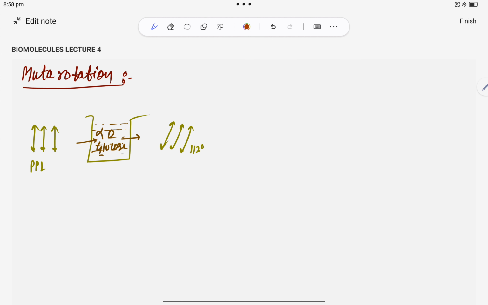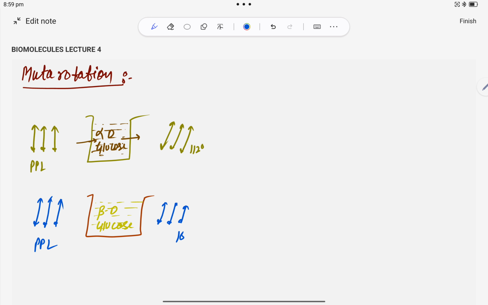At the same time, if we have another container with beta-D-glucose, and plane polarized light passes through it, then it turns 18 degrees.